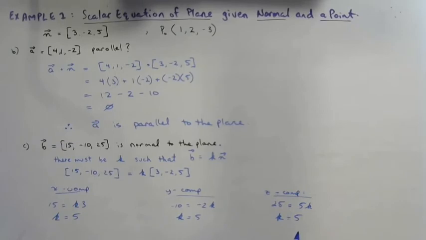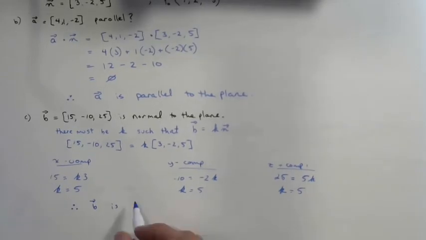All right, since the vector b is a scalar multiple of the vector n, it means it's heading the same direction, regardless of where it is. It is then normal to the plane. Therefore, b is normal to the plane.